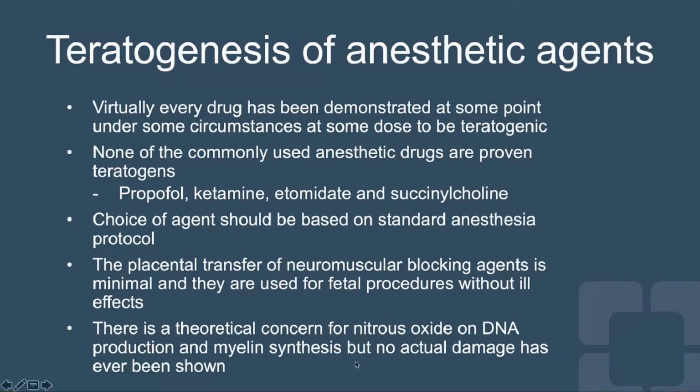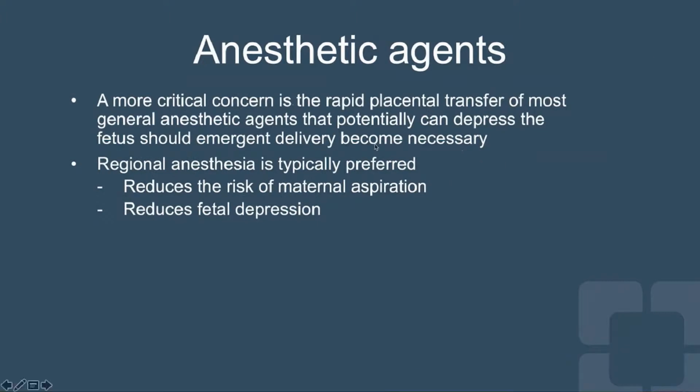There is a theoretical concern for nitric oxide on DNA production, myelin synthesis, but no actual damage has ever been shown. But if you're going to avoid any of these agents, these are probably the ones to avoid. A more critical concern in anesthetic agents is the rapid placental transfer of most of these agents that potentially can depress the fetus should emergent delivery become necessary.